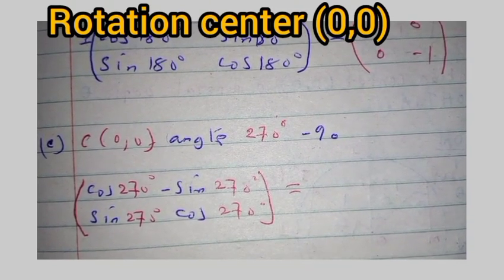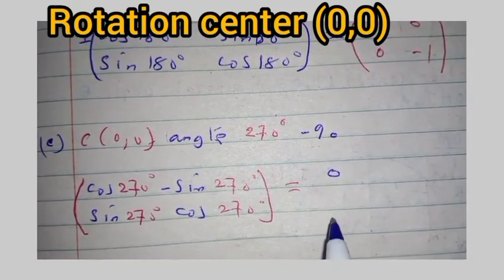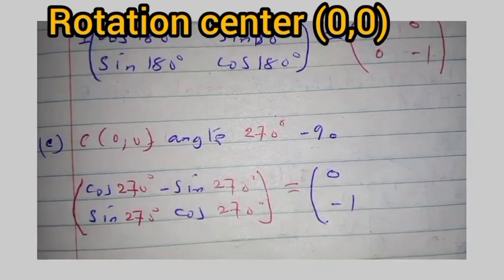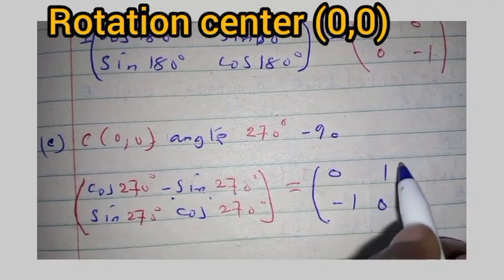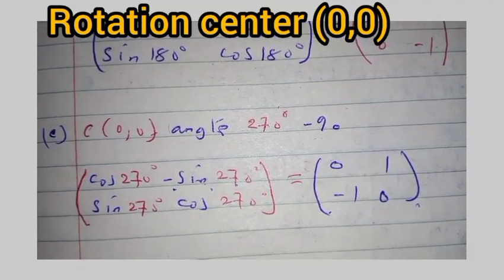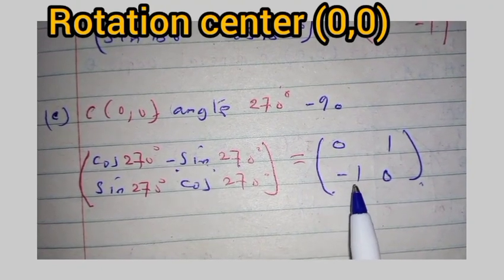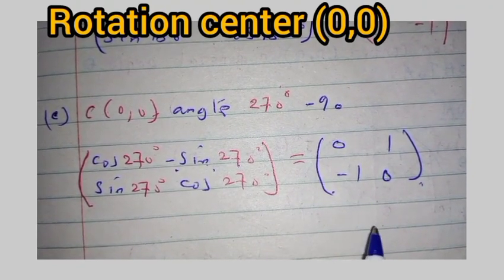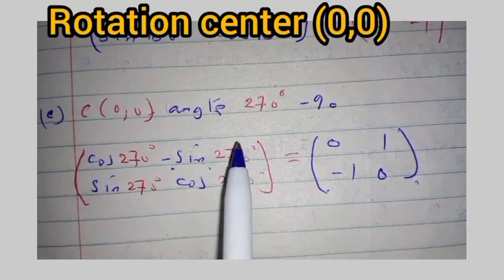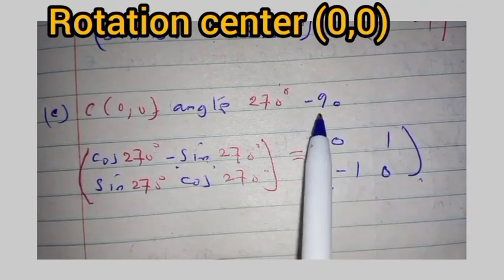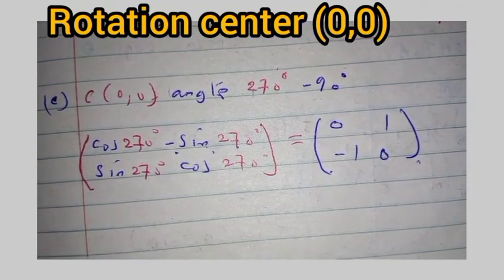So the cos of 270 is 0, and the sine of 270 is negative 1. Negative 1 and the negative sign will give you 1, 0. This is the matrix of transformation, center 0 0, when the angle is 270 anti-clockwise or negative 90 degrees clockwise from the general case.